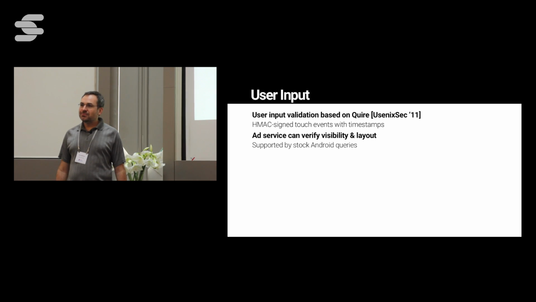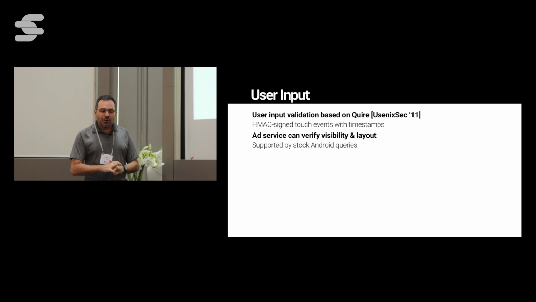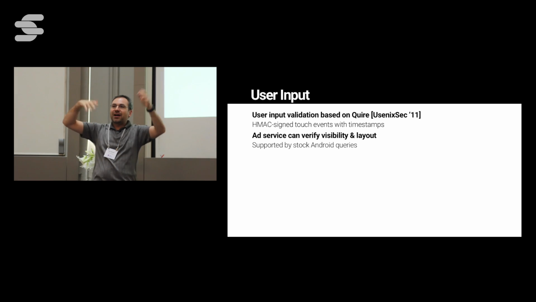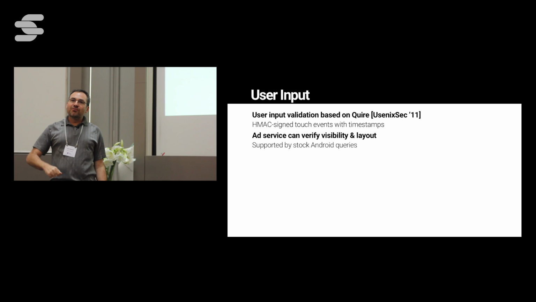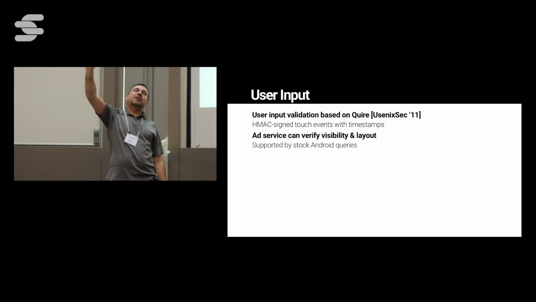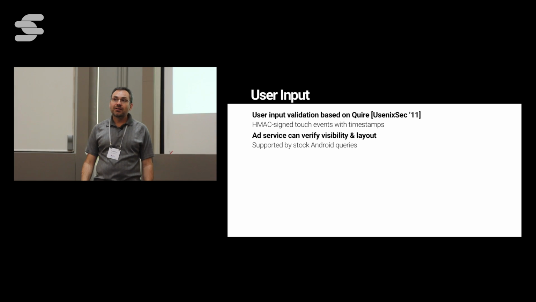That was surprising, but operating system people have been yelling and screaming about this for a long time, and the problem continues not to go away. Anyway, so the input system just HMACs everything. As you move your finger around the screen, you're generating as many as 200 touch events per second.